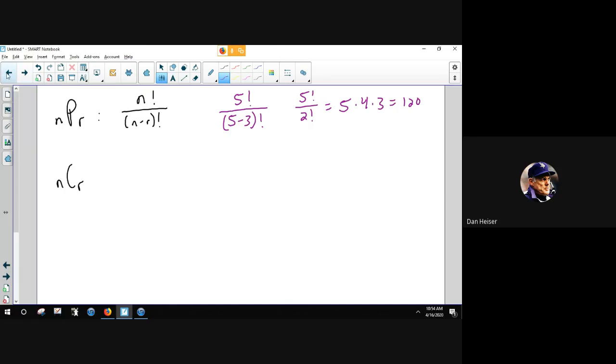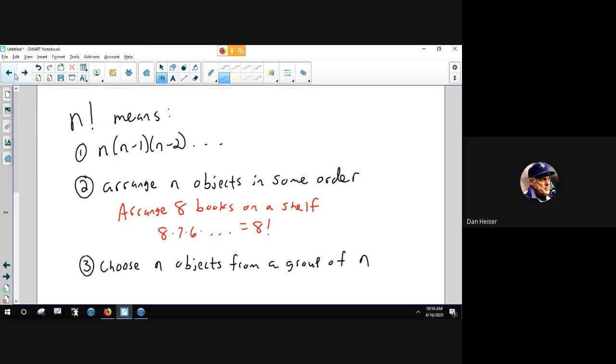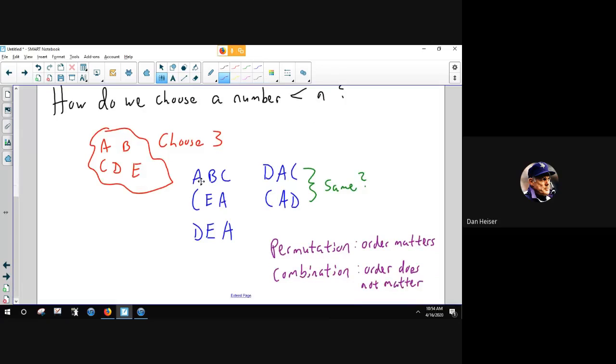So if I were to go back here and write out all possibilities, I would need 60 groups of 3. And again, these each count separately because they're different. The first prize was different than the second prize. So these are 2 different groups under a permutation.